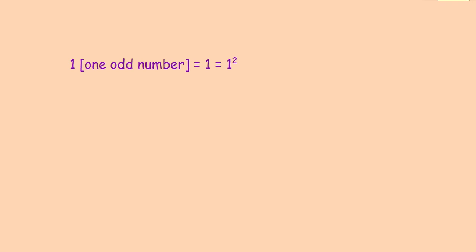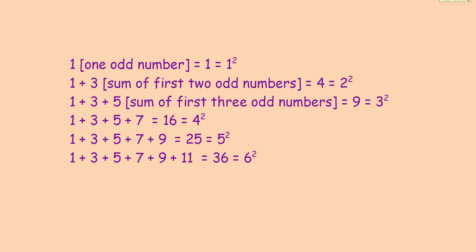You know 1, that is the first odd number. You can write it as 1 square. And 1 plus 3, that is sum of first two odd numbers, is equal to 4, which is equal to 2 square. 1 plus 3 plus 5, that is first 3 odd numbers, you can write it as 3 square. Similarly, 1 plus 3 plus 5 plus 7, that is 4 square. 1 plus 3 plus 5 plus 7 plus 9, it is 5 square.